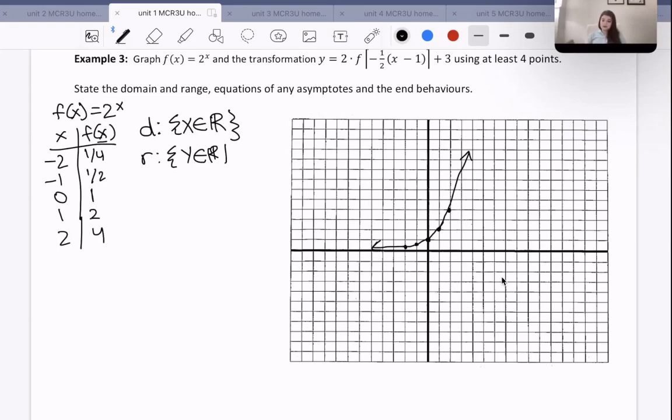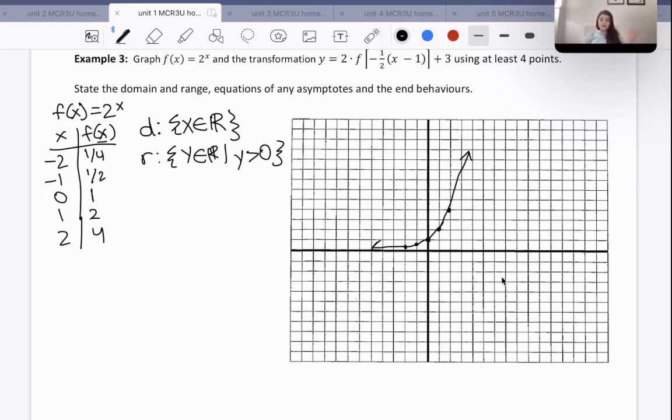And this is not true, right? y must be greater than, not greater than or equal to, but strictly greater than 0, right? Now, why is that? Well, let's think about what happens on the domain of 2 to the power of x. If I choose a really, really negative number for x, like 2 to the negative 100, I will get 1 over 2 to the 100, which is very, very close to 0, but is not 0.